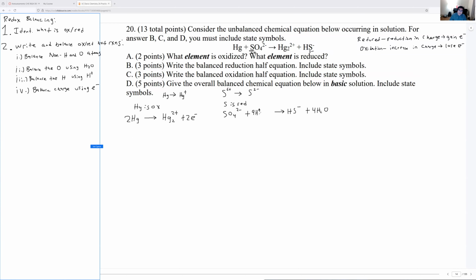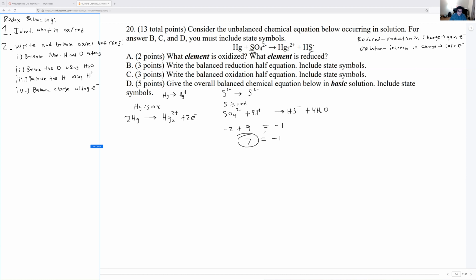And then for the sulfur, we're just going to do the same exact thing. So on the left here, this is a -2 from the sulfate. Then we have 9, and then we have a -1. So if we add these up, that's -2 plus 9, which is +7, and that equals -1 on the right.